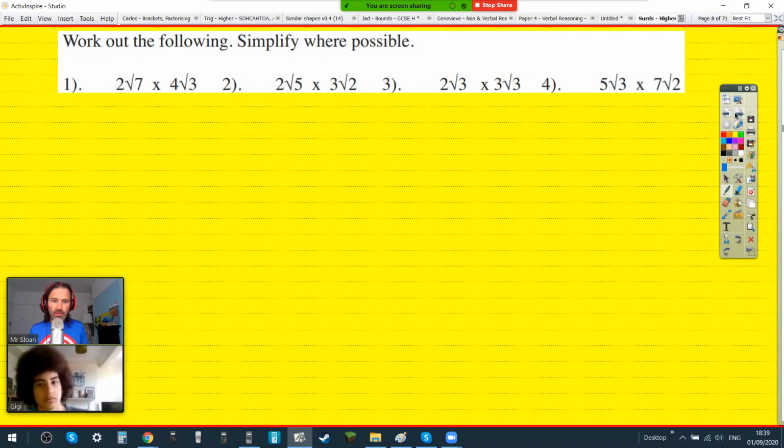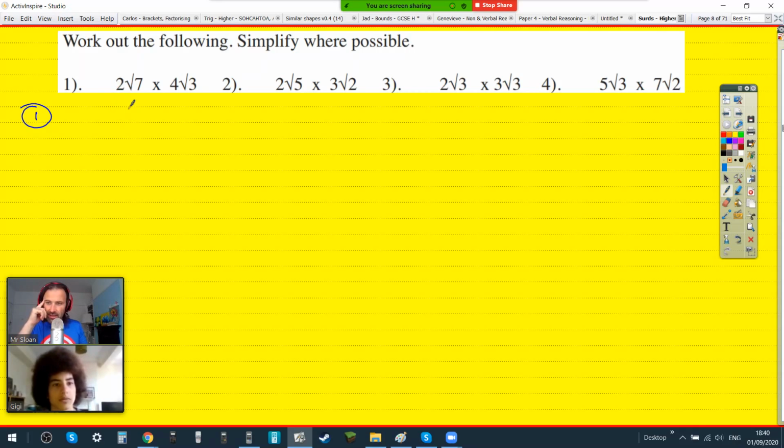Okay, you're good. Okay, let's try these. Any idea how you do 1? 2 square root of 7 times 4 square root of 3. Would you do them separately? Yeah. So square root of 14 times square.